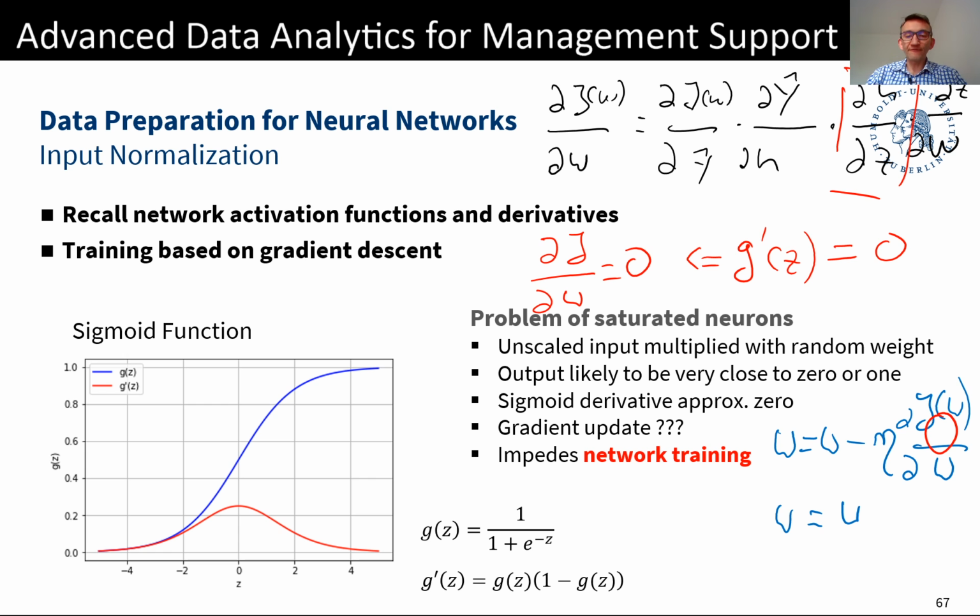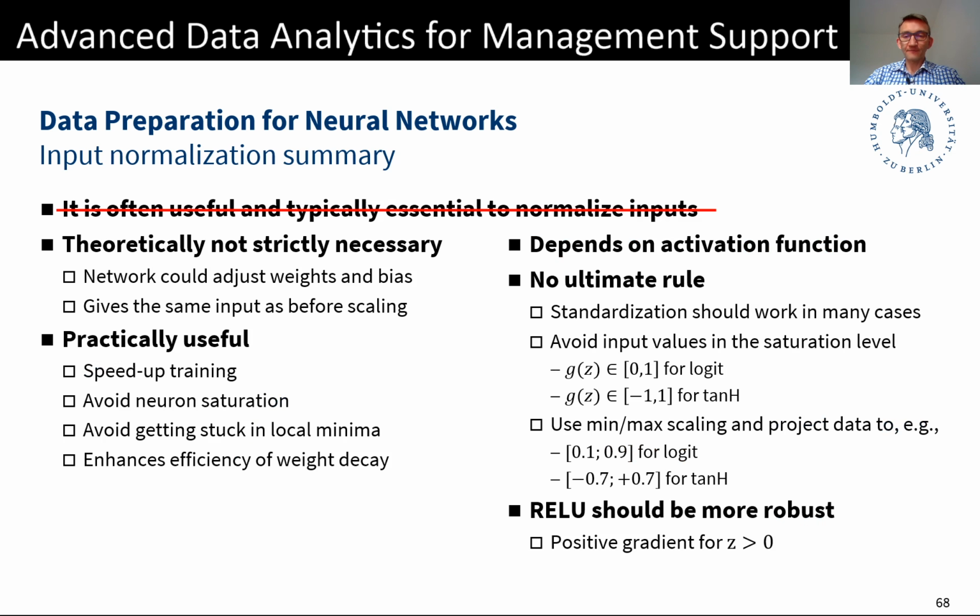This is because of the value range of the sigmoid's derivative that you see depicted here on the slides. This should help you understand how unscaled features impede neural network training. And this is why for neural networks the normalization of the input features is not only often useful, it is essential.